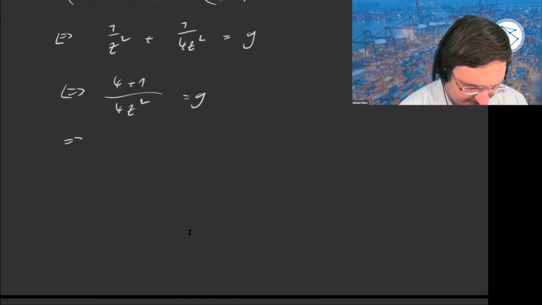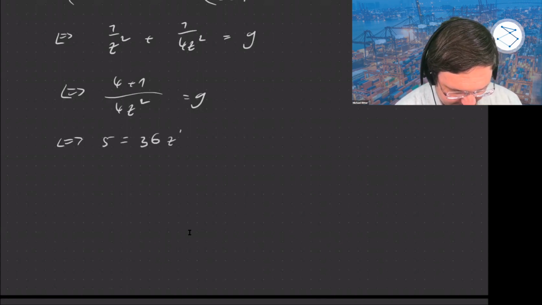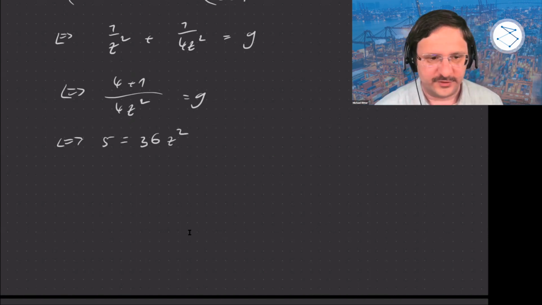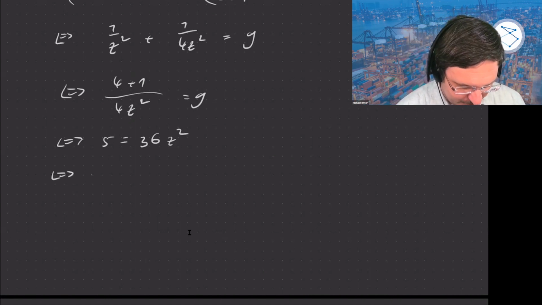Yeah, 4 plus 1 over 4c squared equals 9. So what we get here is 5 equals 36 c squared. 9 times 4 is 36. So c squared is equal to 5 over 36.